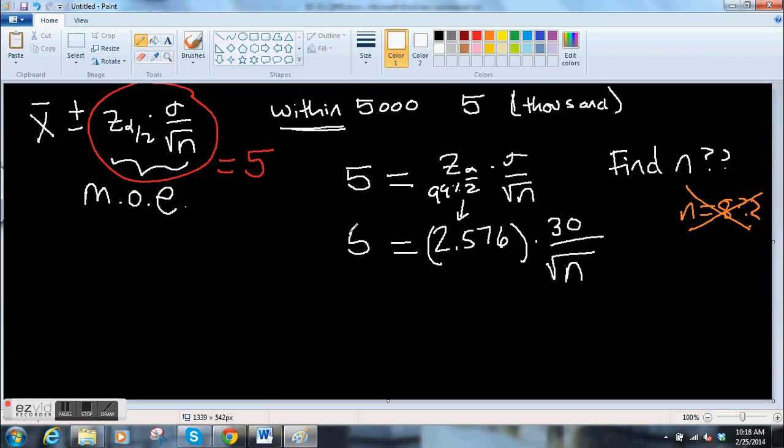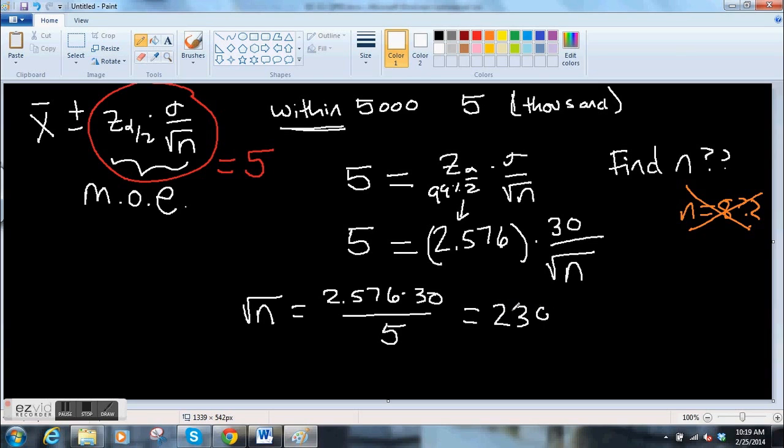So now we want to solve this for n. You put square root of n on the other side, and you get 2.576 times 30, all divided by 5, which is equal to 15.456.